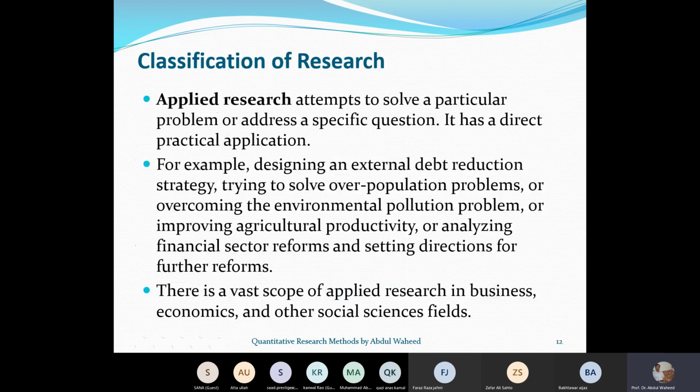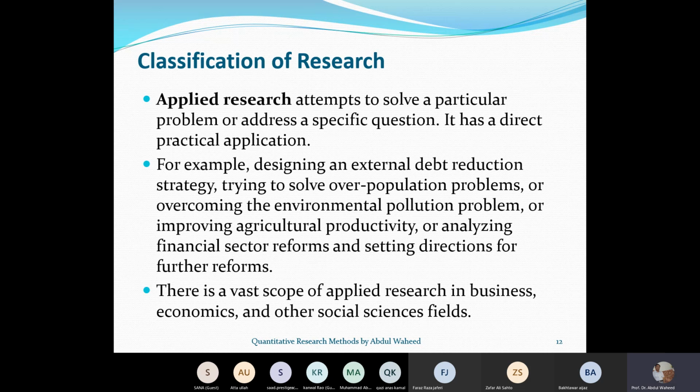Then we have applied research. This attempts to solve a particular problem or address a specific question. This is basically done for industries, the government, and institutions to solve their problems.